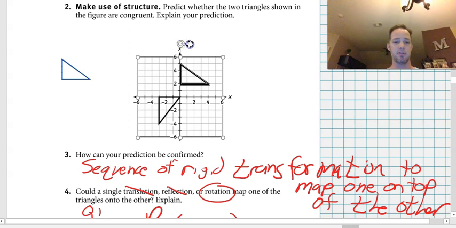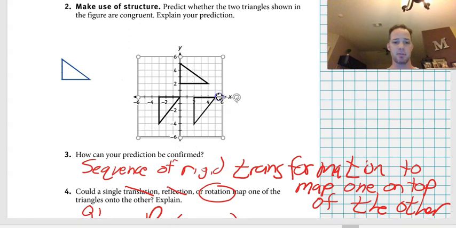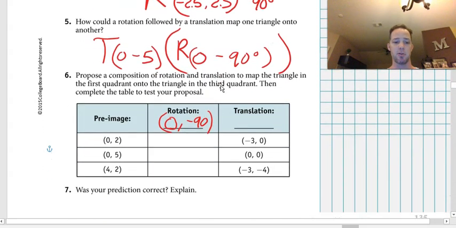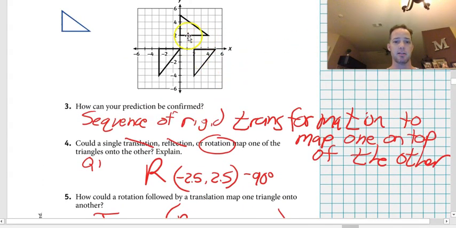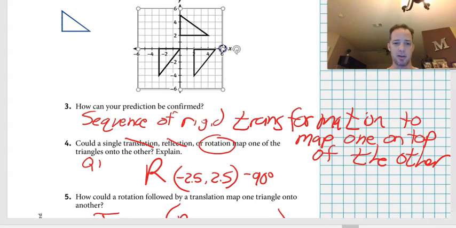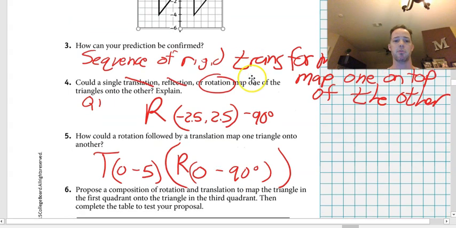What was at 0, 5 is now at 5, 0. And the point that was at 4, 2, so it is going to be pointing down, is now at 2, negative 4.